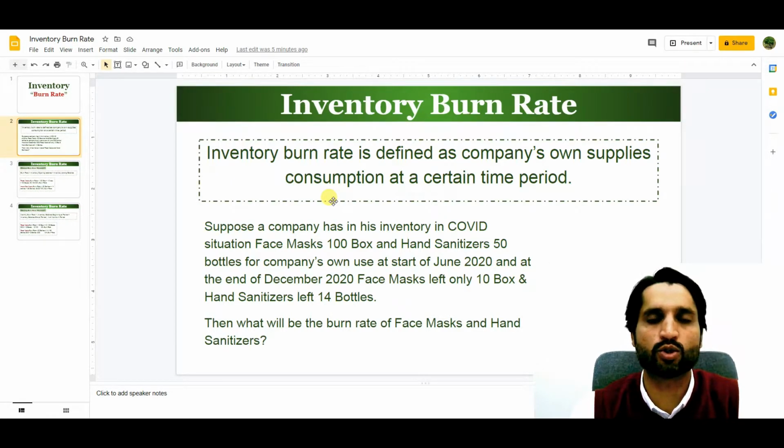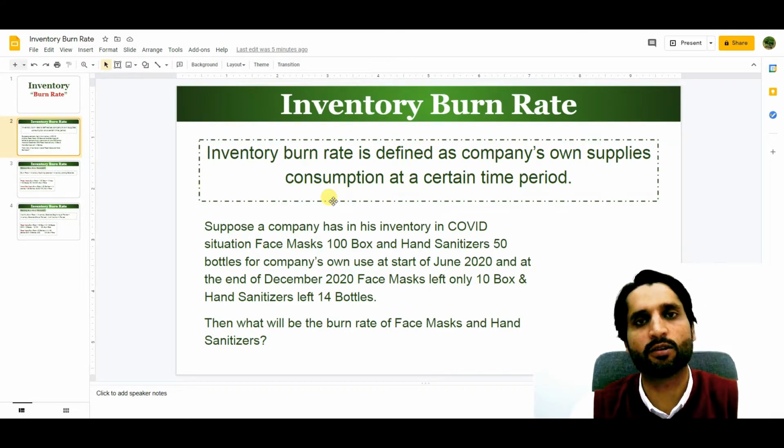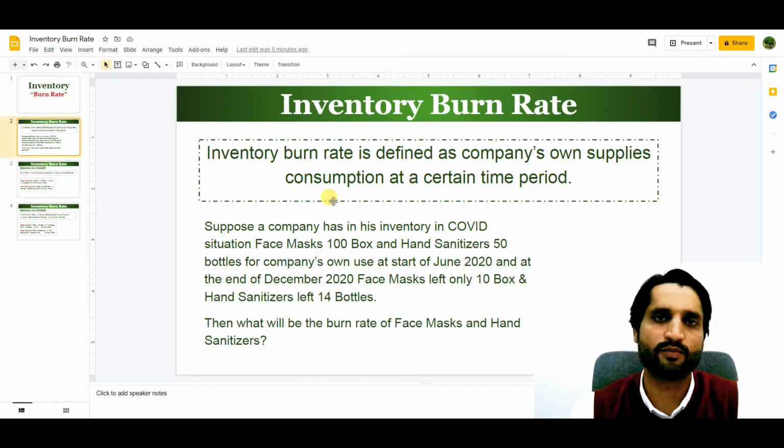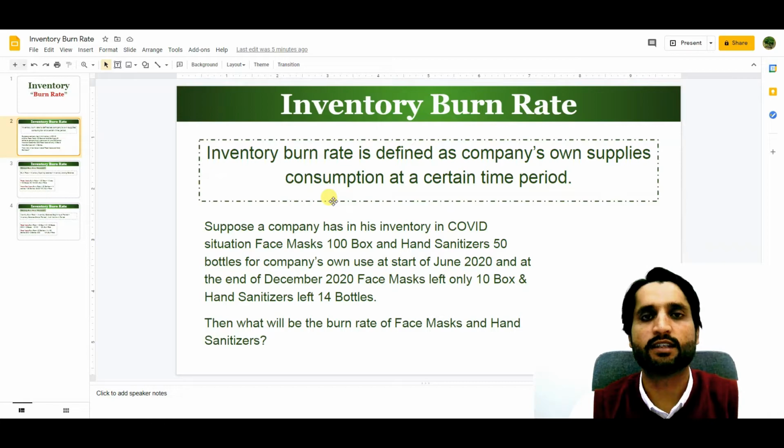When we are using it, we need to know how frequently and how many reams we are using in 1 month, or in 3 months, or in 6 months, or in 1 year. So we will know how much our burn rate is, monthly, quarterly, yearly, and how much inventory of papers we need to order in future.